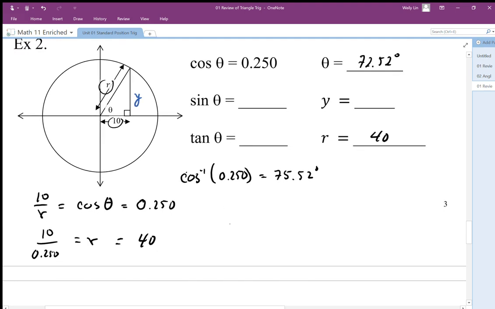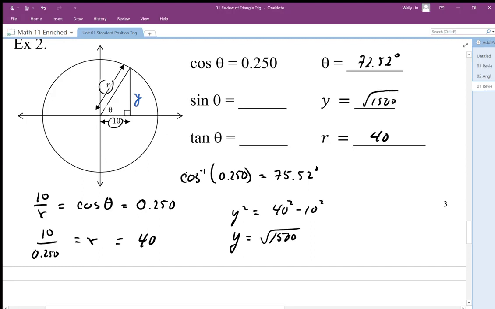So y squared is equal to 40 squared minus 10 squared. So y is equal to, 40 squared is 1600 minus 100 is going to give me 1500. So the square root of 1500. So y is the square root of 1500.